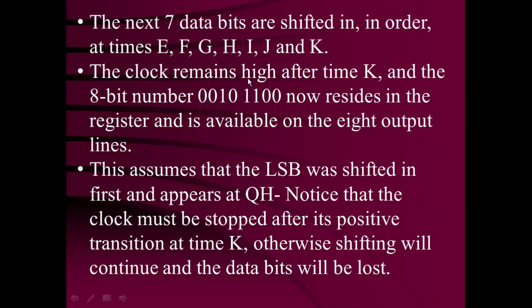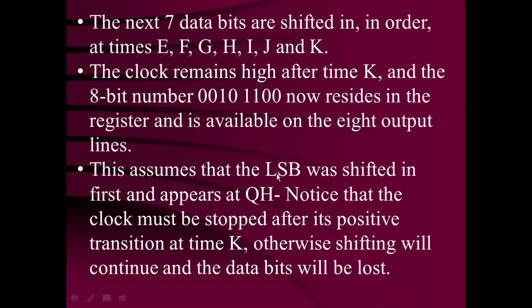The clock remains high after time K, and the 8-bit number 00101100 now resides in the register, and it will be held for the required time and is available on 8 output lines QA to QH.